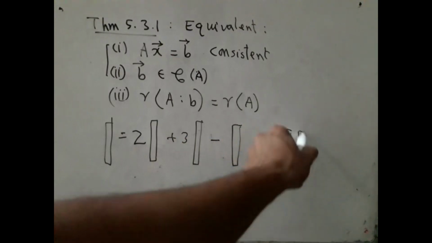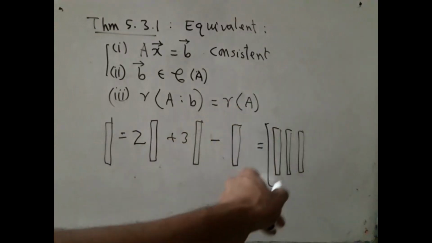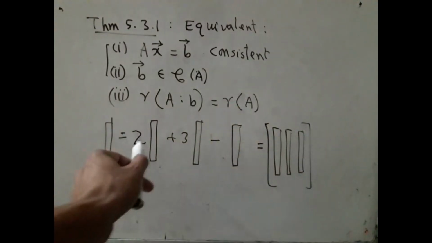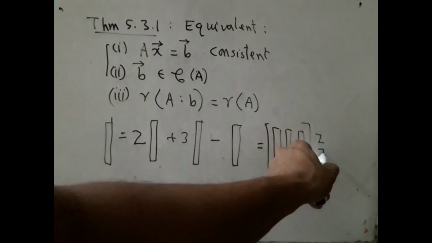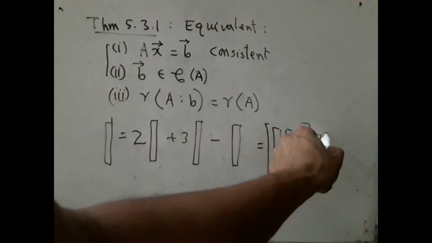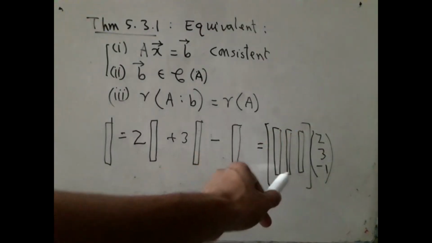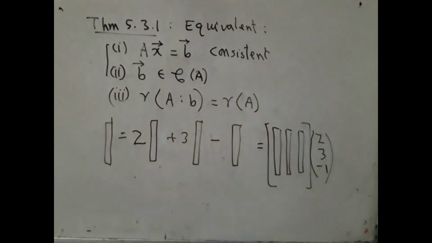So I have the 3 columns of A written side by side, which means it is actually the matrix A itself. Then write 2 here, 3 here and minus 1 here. That is going to play the role of x. So B is equal to A times this 2, 3, minus 1 vector. So these two are equivalent.